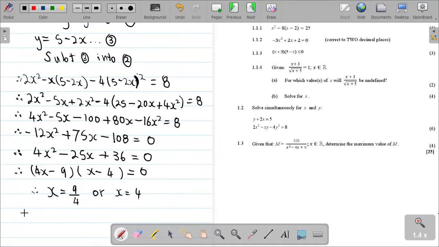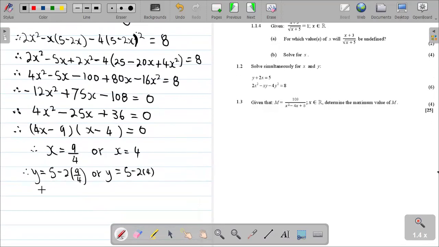So it means therefore y equals 5 minus 2 into 9/4, or y equals 5 minus 2 into 4. So it means therefore y equals, or y equals, here is going to be -3, or here we're going to have 9/2.